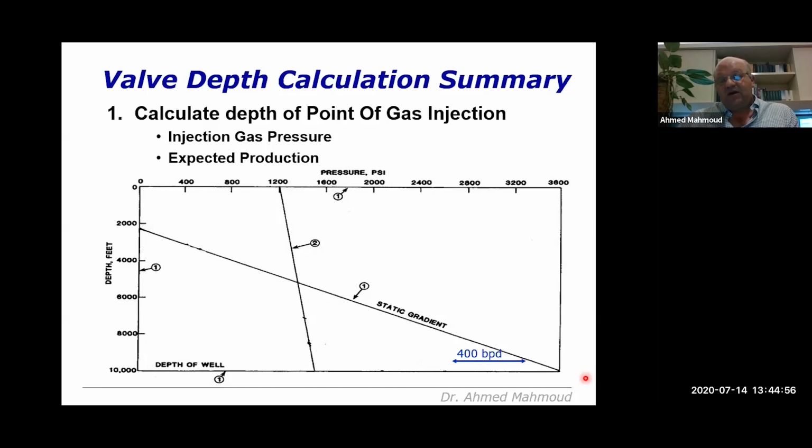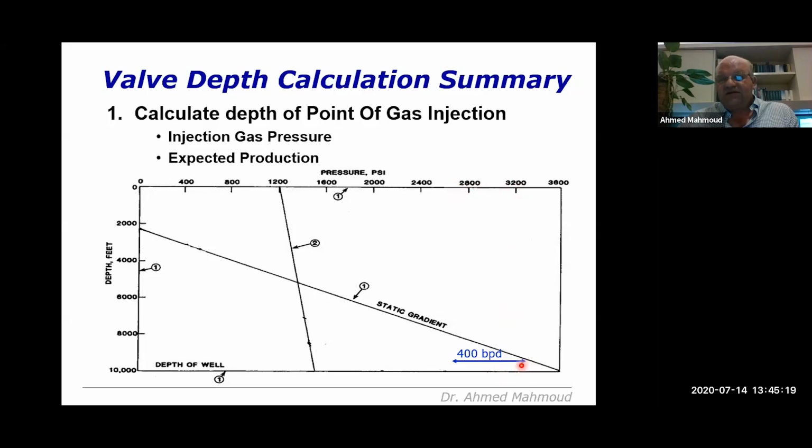First, I come to this static gradient line and apply a drawdown of, let's say for example, 400 barrels per day, and I calculate how much delta P on the pressure axis matches 400 barrels per day.